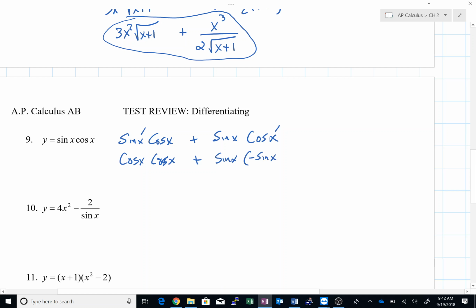Put it up there for now. So the front part is cosine squared, and the back end is minus sine squared. Okay. Almost our rule, sine squared plus cosine squared, but it's not. So we just leave it alone. If it was a plus, that whole thing would go to 1.